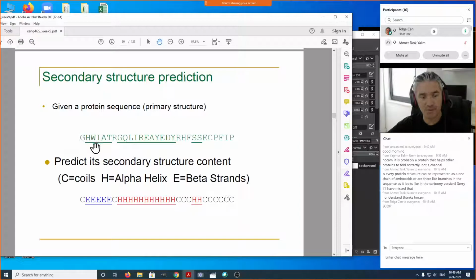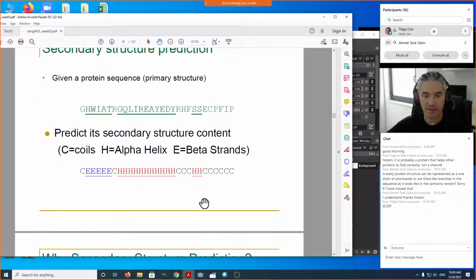So the problem is, given an amino acid sequence like this, our goal is to classify each amino acid into one of three categories. E is for beta strands, H is for helices, and C is for coils or turns. So we classify each of them to one of these three letters, C, E, or H. And this is the prediction problem.